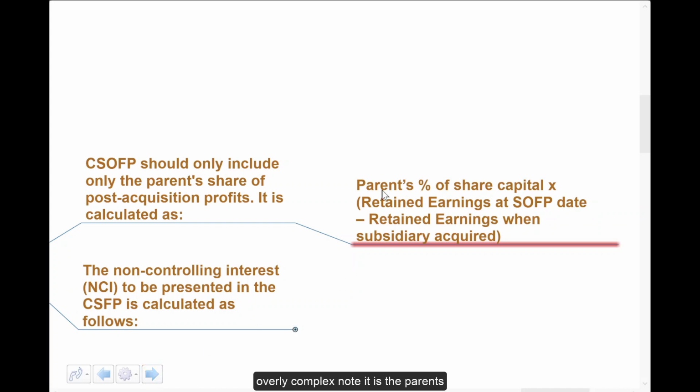Note, it is the parent's percentage of share capital, let's say 80%, times the retained earnings at the statement of financial position date, in other words, the consolidated statement date, less retained earnings when the subsidiary was acquired. That must be post-acquisition because we're comparing two points in time, aren't we? We're comparing, let's say, today, or the consolidated financial statements date, 31st of December 2024, and we're taking off any earnings at the date of acquisition. That must be the parent's share of post-acquisition profits.